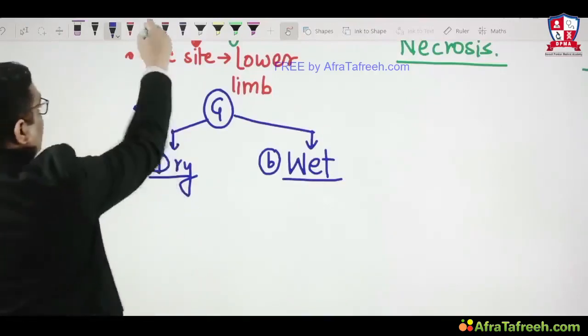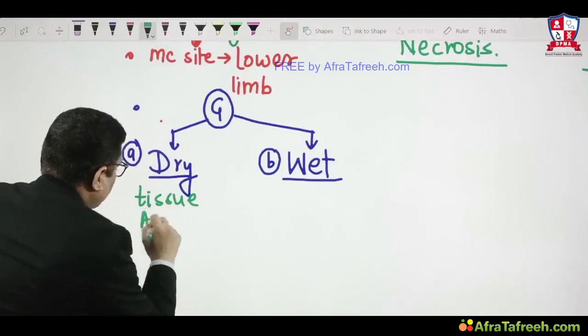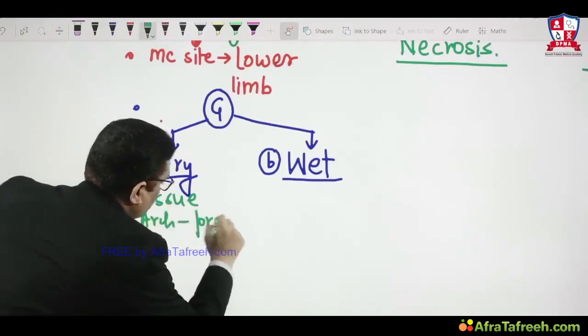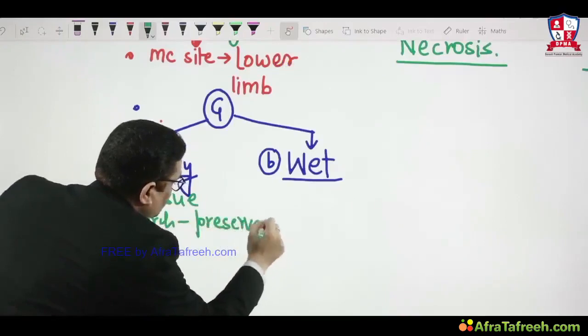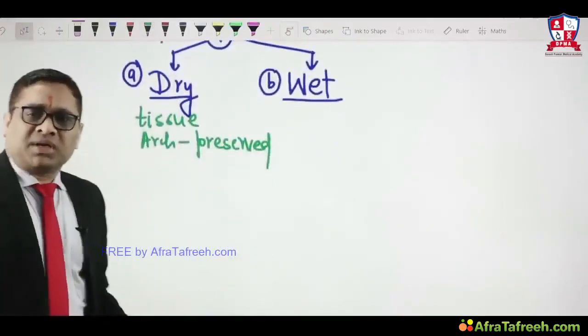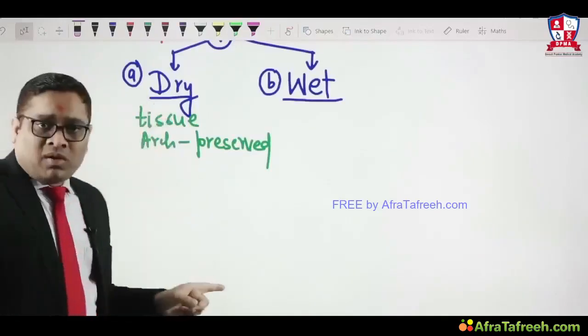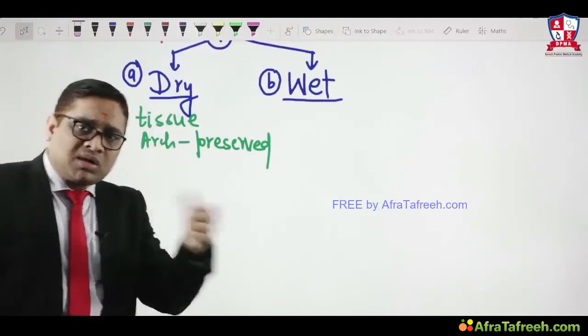So in dry gangrene, what I want to tell you is that tissue architecture is preserved, right? So if tissue architecture is preserved, then what is your opinion? Is dry gangrene an example of coagulative necrosis or liquefactive necrosis?